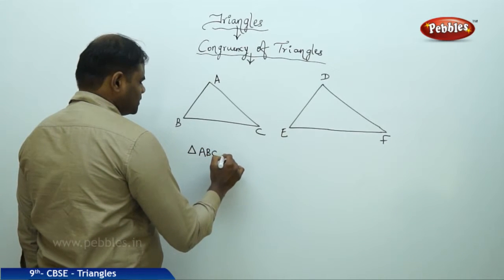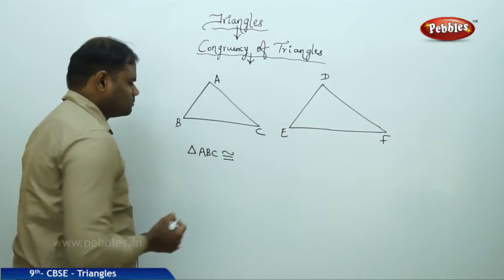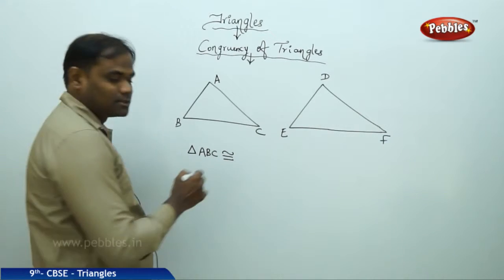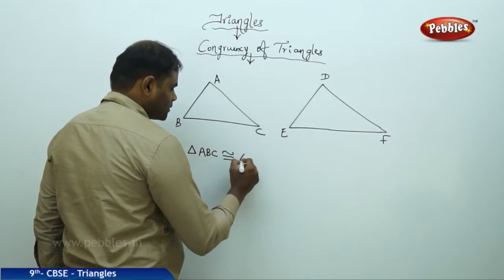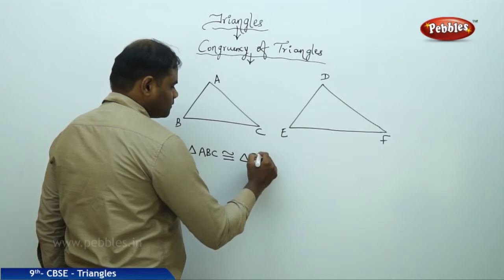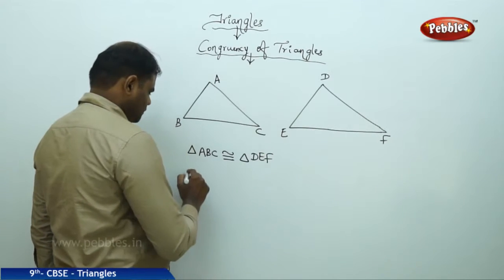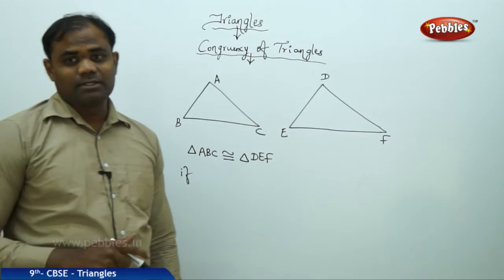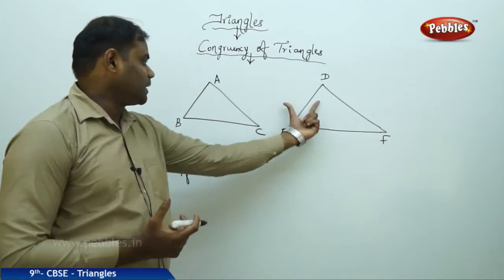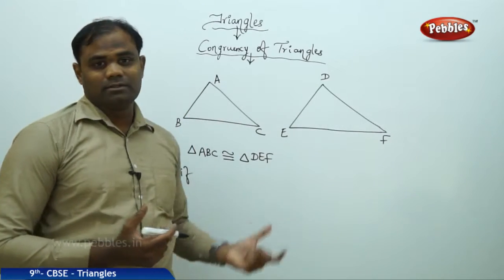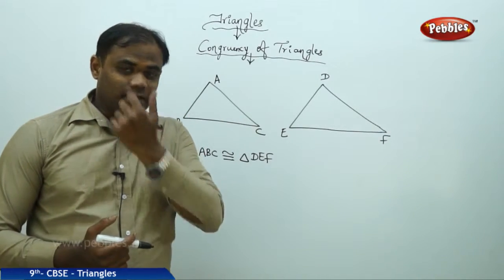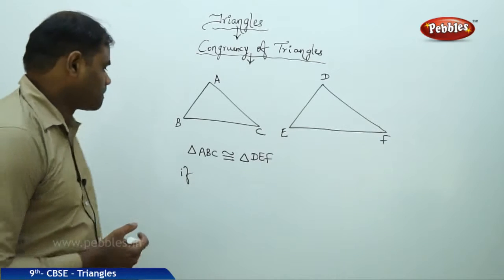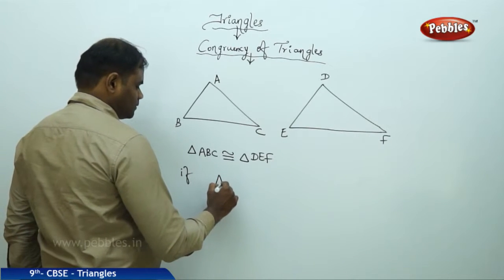Triangle ABC is said to be congruent. The symbol I use for congruent is this. Triangle ABC is congruent to triangle DEF if they are equal in all respects, in the sense that they are equal in sides, equal in angles, or equal in area.